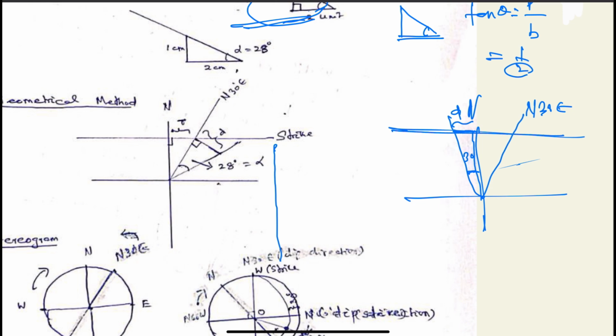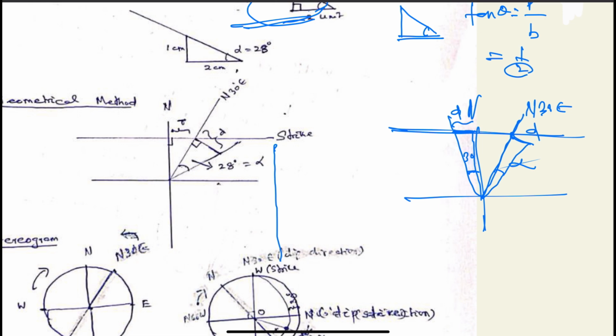It touches the strike line at this point. We know the vertical spacing D, so perpendicular to the apparent dip direction we draw a perpendicular at this point with the D spacing, and we join this. This will be the apparent dip, alpha.